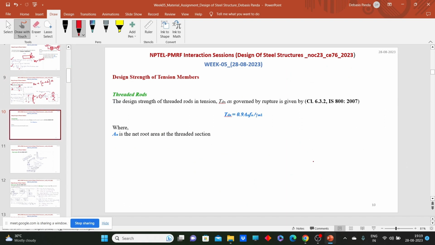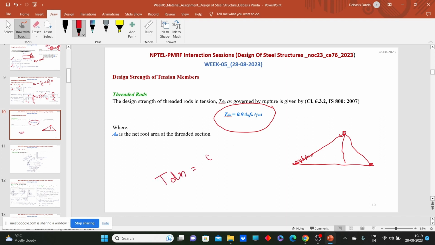We can use the threaded rod as a tension member, like in a suspension bridge, where the cables may be made up of threaded rod. For these cases, where the thread is made along this portion, the design tensile strength is calculated using the formula: Tdn equals 0.9 An fu by gamma m1.